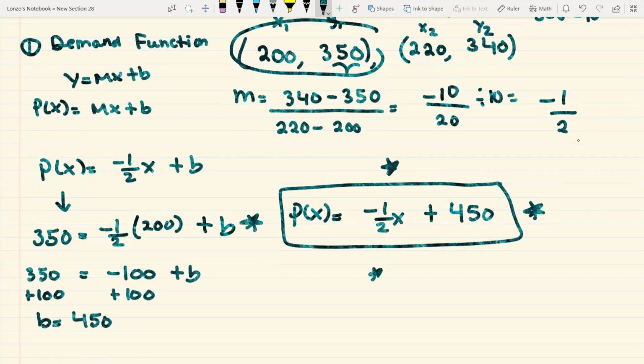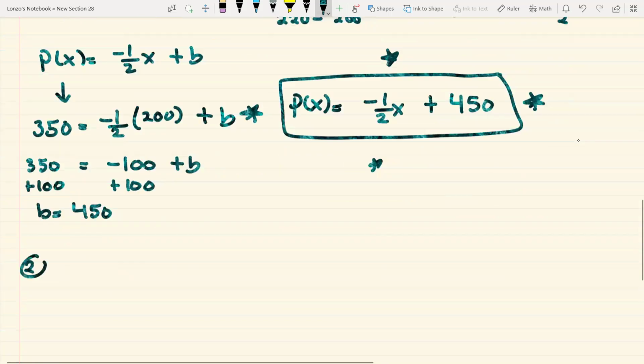They're saying find the demand function and then find the revenue function. So the next step is find the revenue function. How do you find the revenue? The revenue function can be expressed as x times p. So it's x times the demand function. We already have our demand function, so all we have to do is multiply it by x.